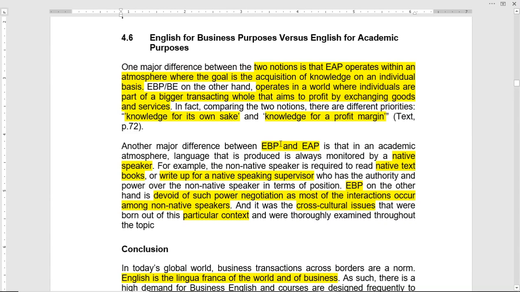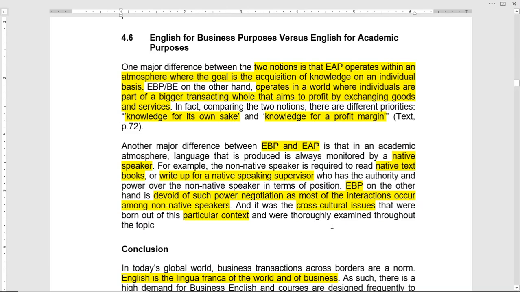Another major difference between EBP and EAP is that in an academic atmosphere, language that is produced is monitored by a native speaker. So, for example, read English books, native textbooks, write up for a native speaking supervisor in the university.